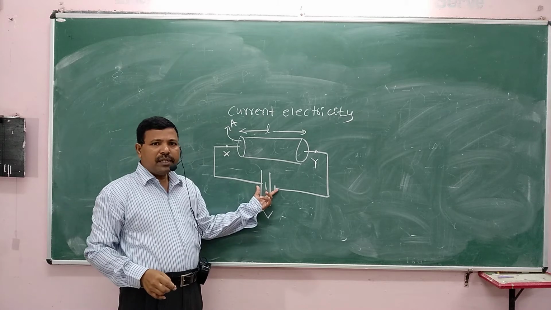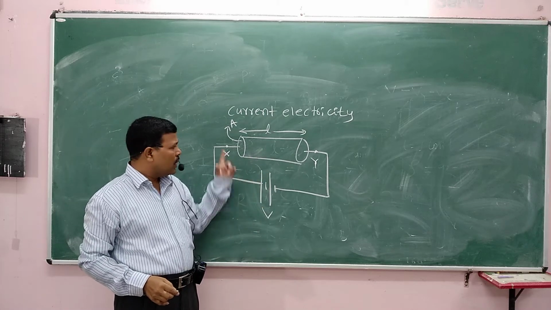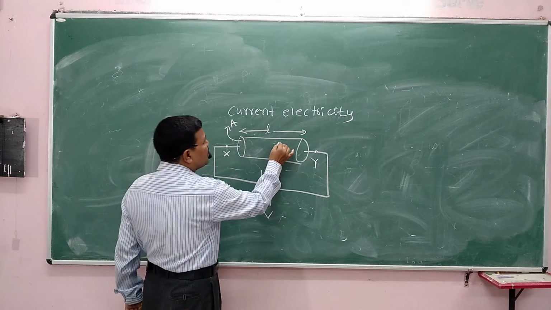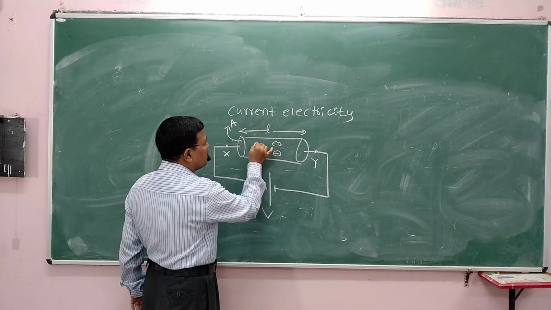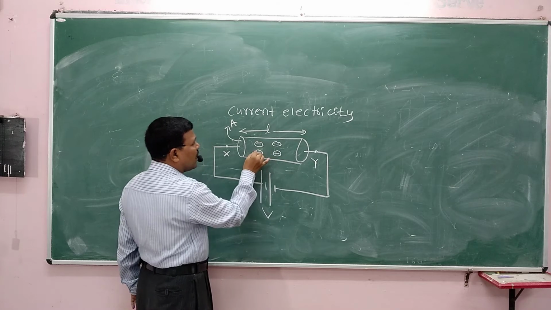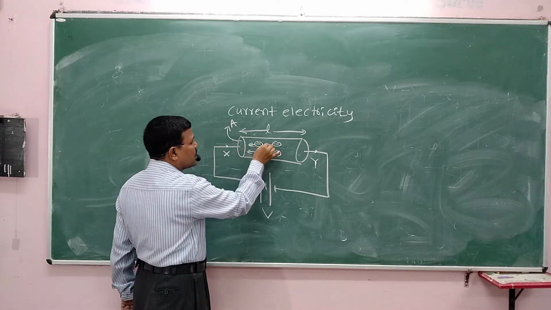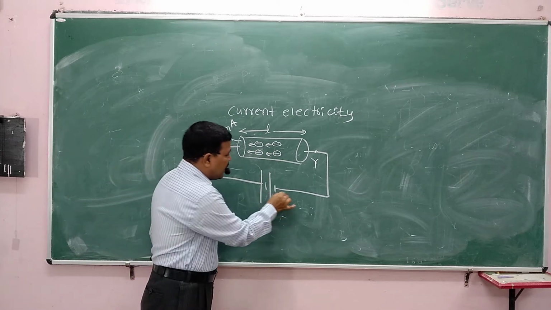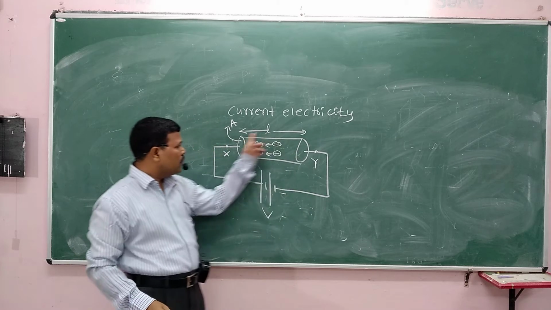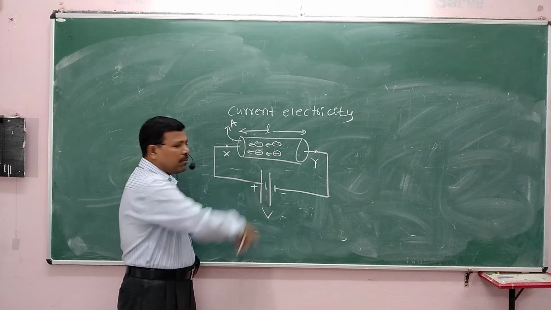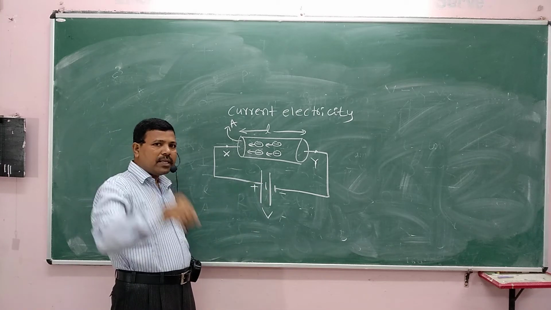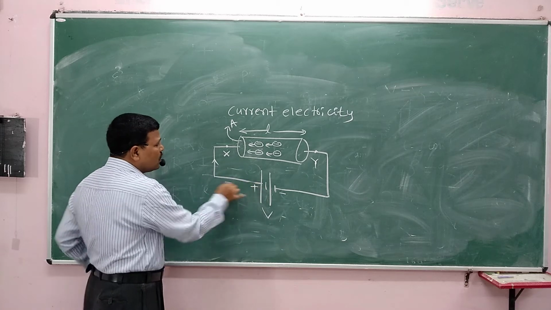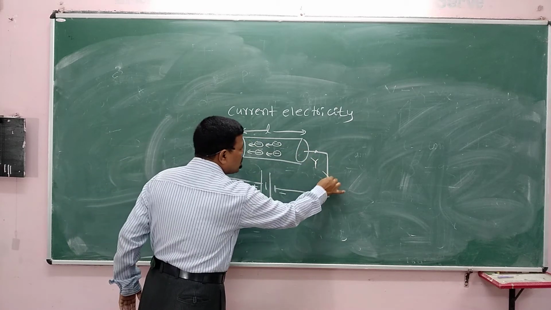When the potential difference is applied across the two ends of the conductor, there will be flow of charges through the conductor. These are electrons. The electrons move from the negative terminal of the battery to the positive terminal of the battery, whereas the direction of current is taken along the direction of positive charges.